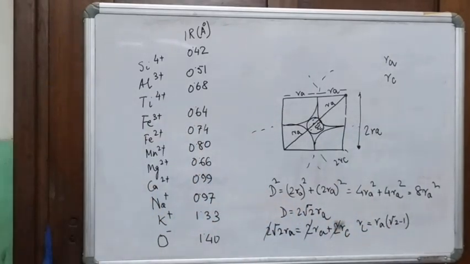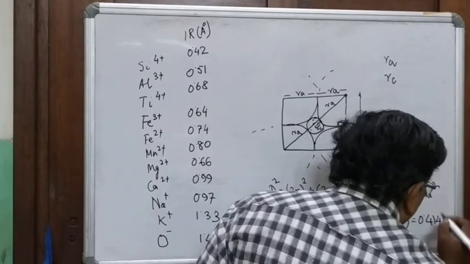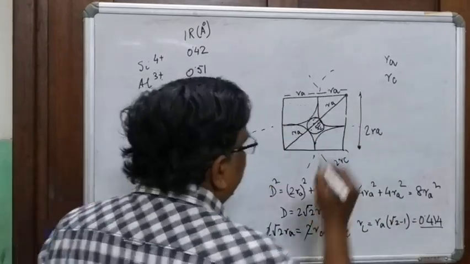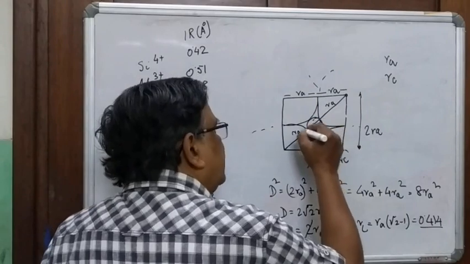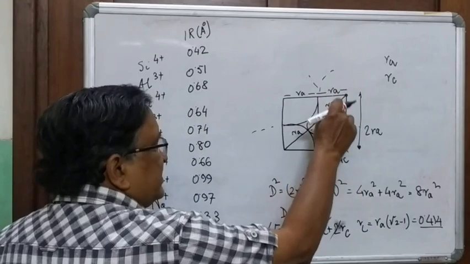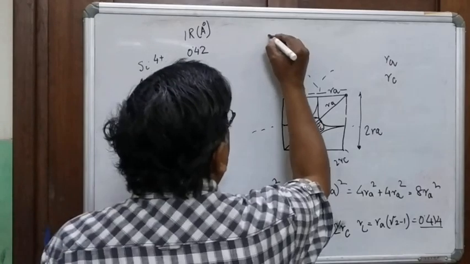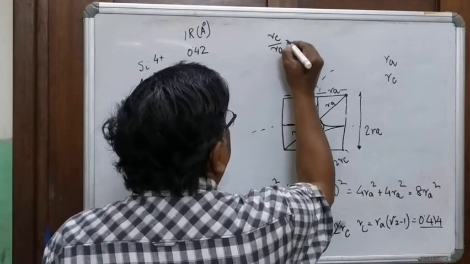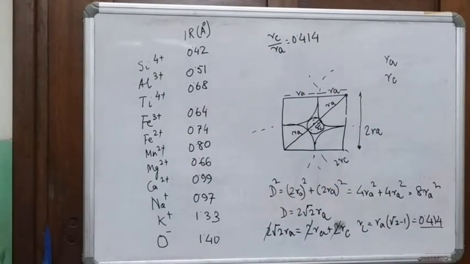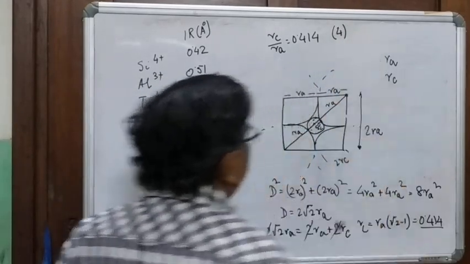Now root 2 is equal to 1.414, so this value is 0.414. That means this cation is surrounded by 4 oxygen atoms, so it has a coordination number of 4, and the RC by RA value is 0.414, where the coordination number is 4.